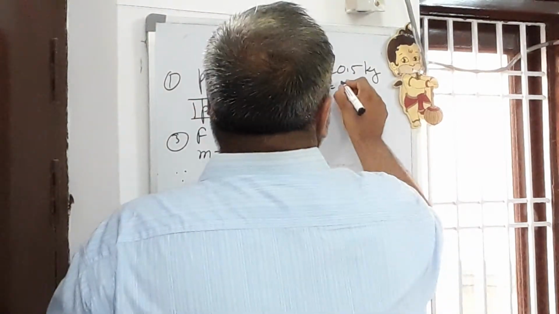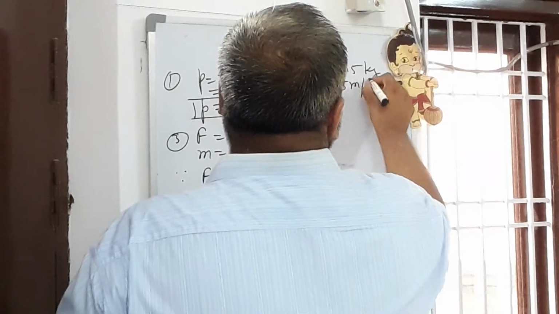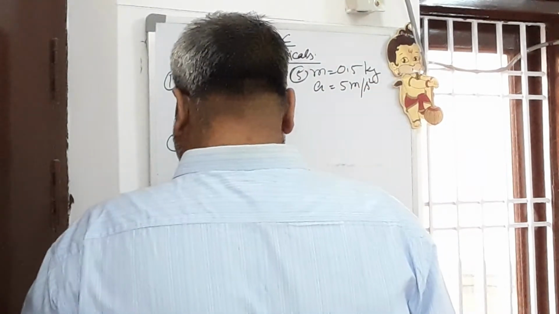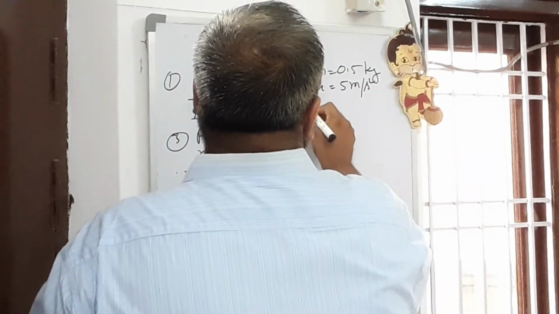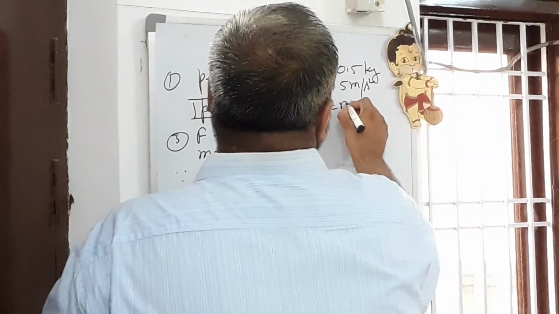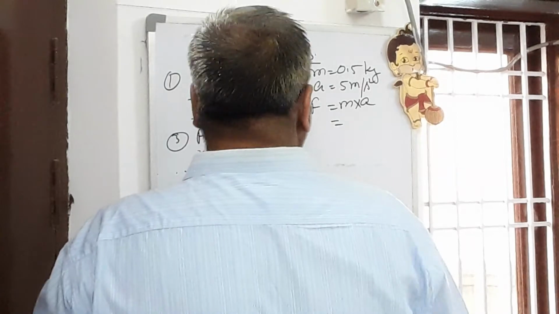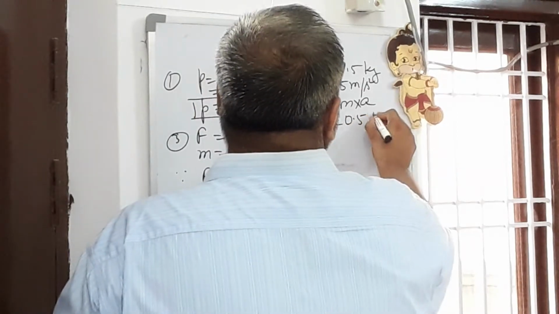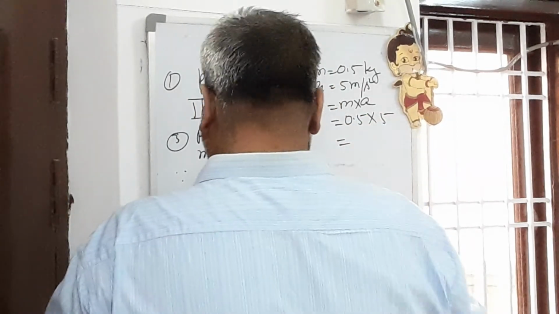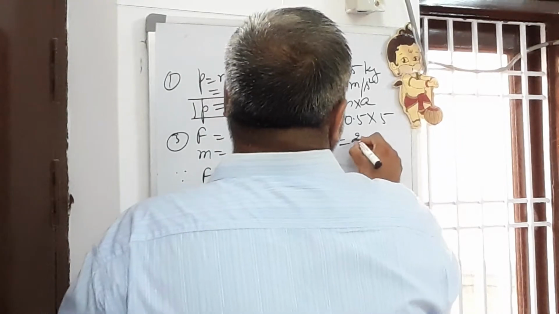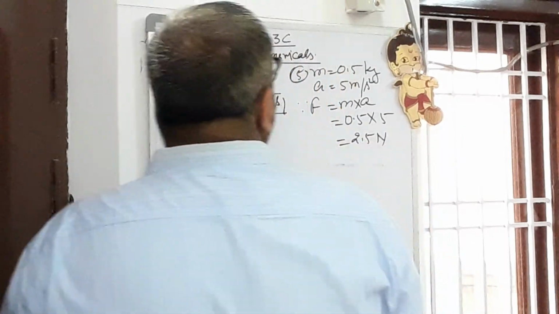You know that formula F is equal to m into a. Mass 0.5 into 5 will become 2.5 Newton. Check.